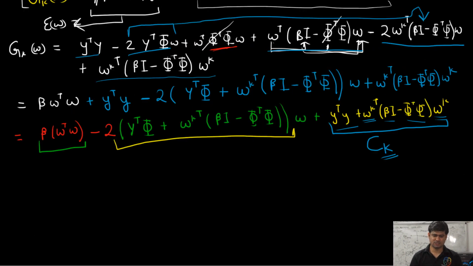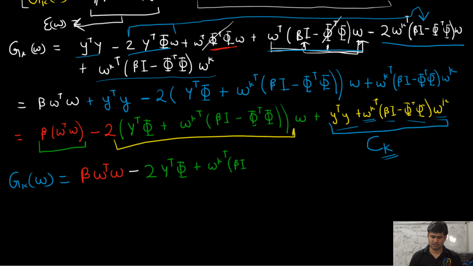So we can write the function gk as gk of w is equal to the quadratic term beta times w transpose w, minus the linear term twice of y transpose phi plus wk transpose beta I minus phi transpose phi times w, plus some constant ck.